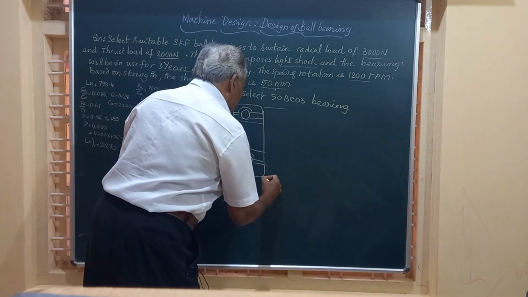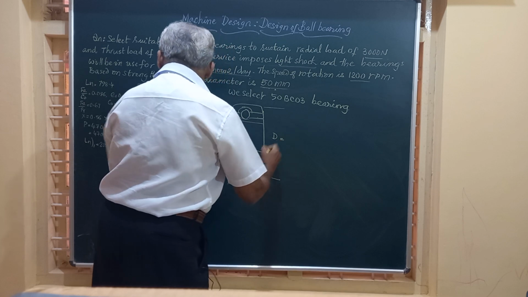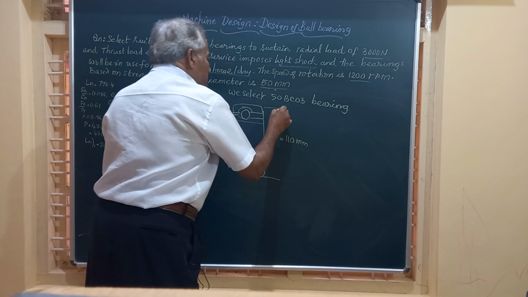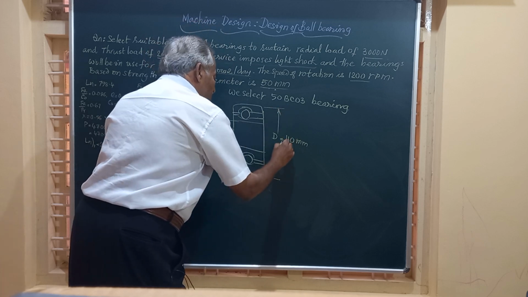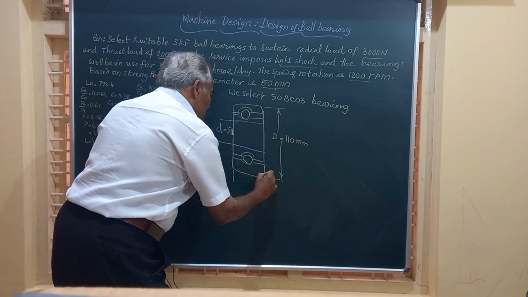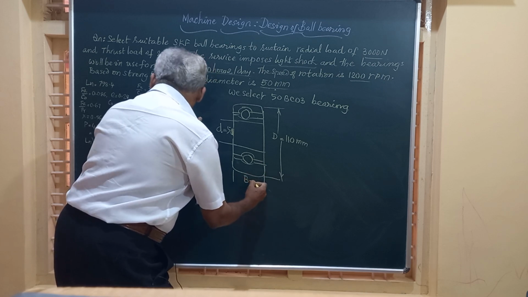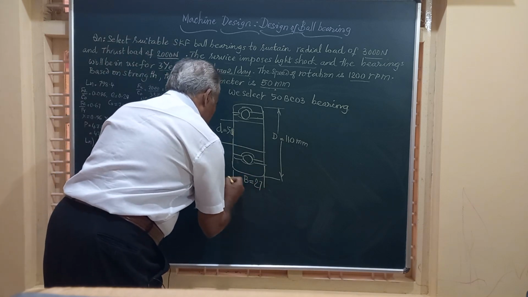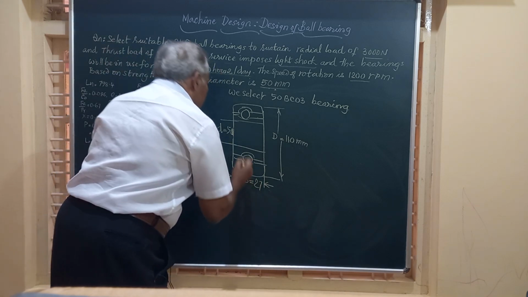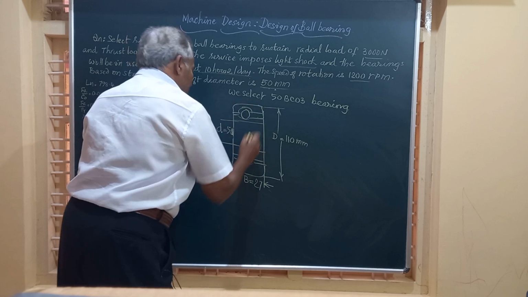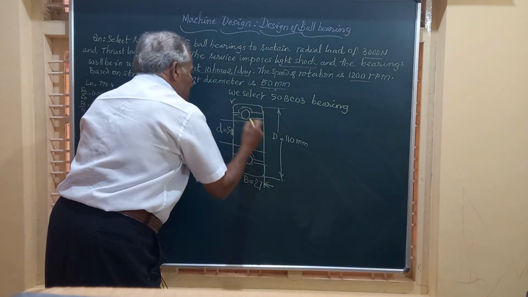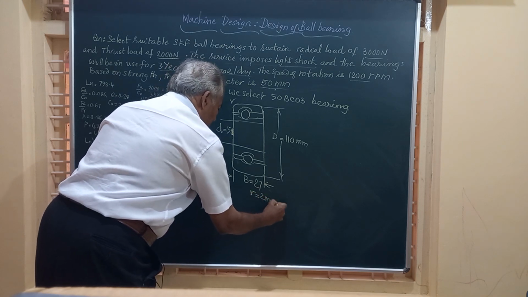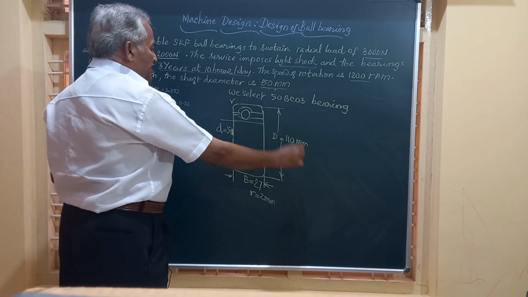This is capital D, the maximum diameter, given to be 110 mm. From the table we are getting all these values corresponding to 50 BC 03, and the width of the bearing B is equal to 27 mm, and the fillet radius at these four corners we will call R. R is equal to 2 millimeter. That is the fillet radius, and this is the shaft diameter.